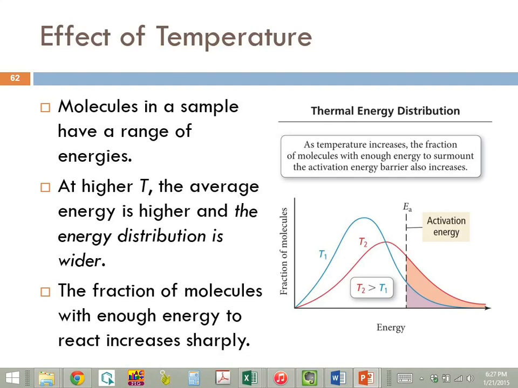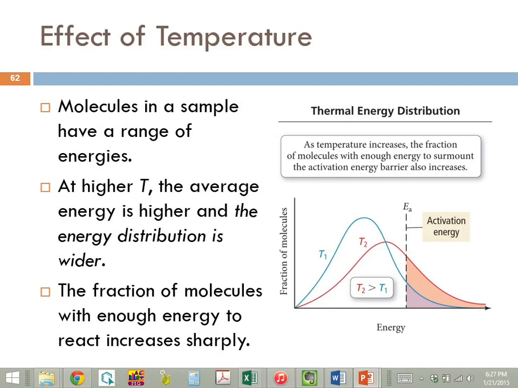So at higher temperatures, the average moves up, but the other thing that happens that's important is the energy distribution is wider. The variation in energies becomes greater as the temperature goes up. So it's not just that we took this curve and shifted it over, it actually spreads out and flattens.